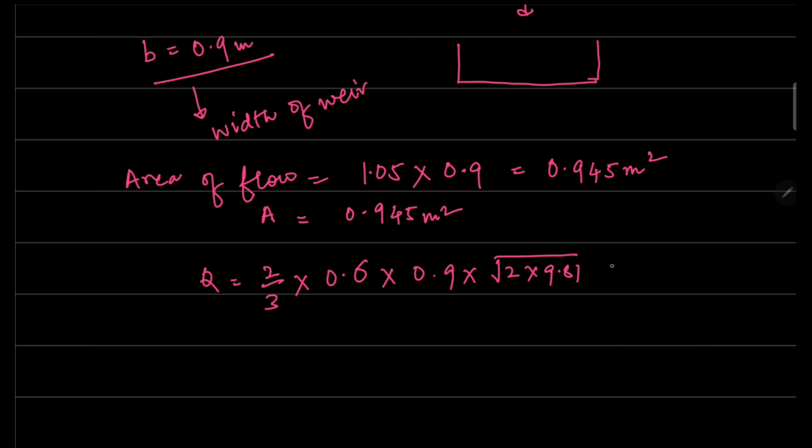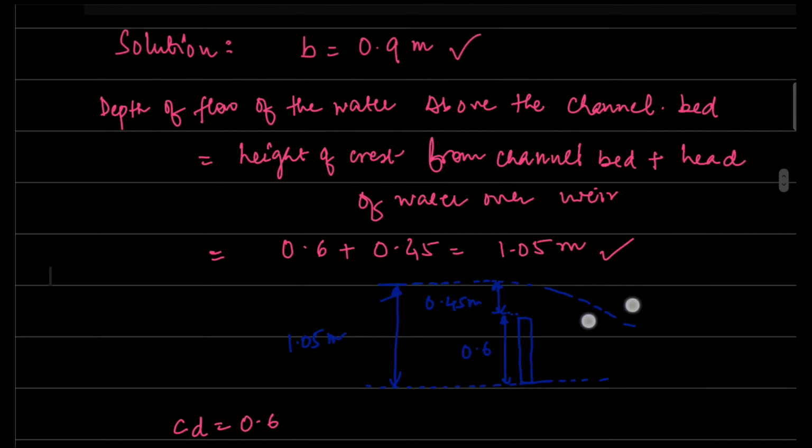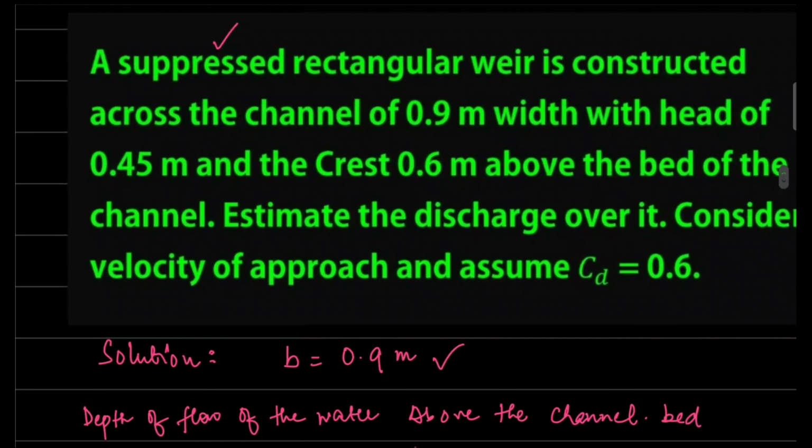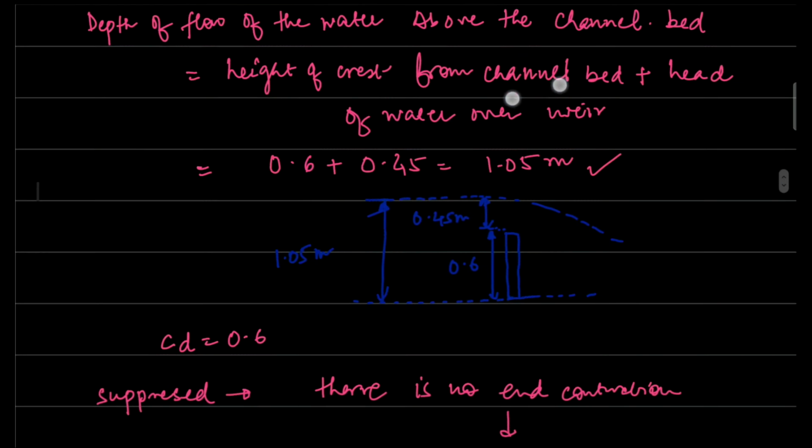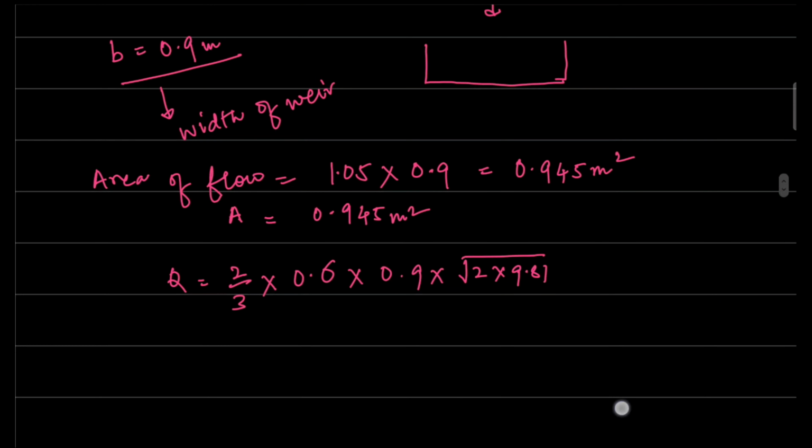Here the height h is the head over the crest, that is 0.45 meter. So this is 0.45 raised to the power 3 by 2.